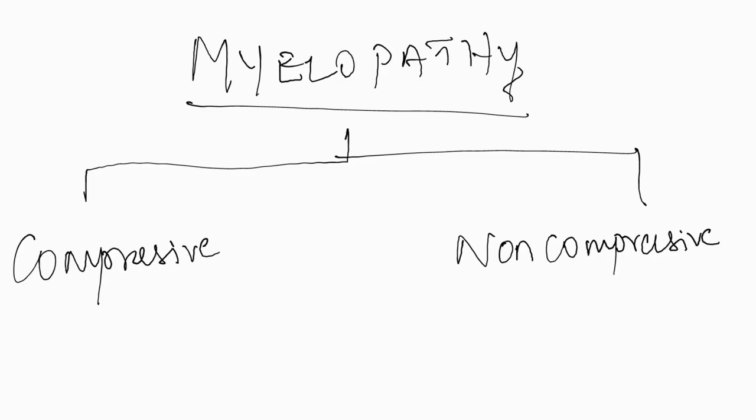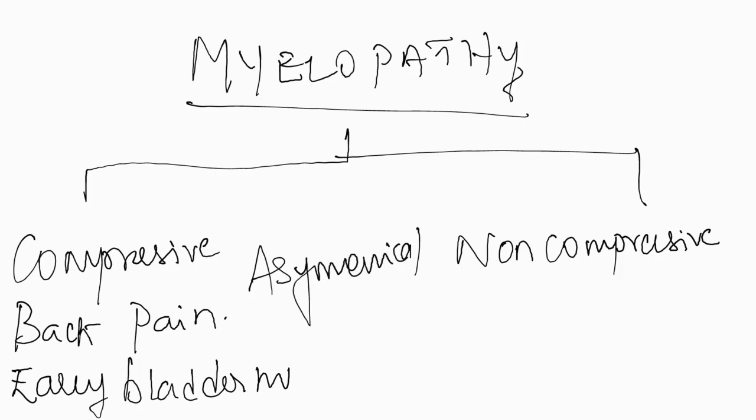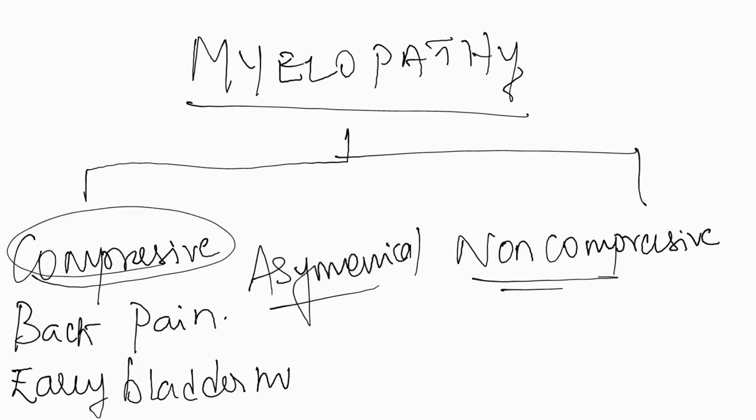Compressive myelopathy, what are the typical things you will find? You can find a back pain, there's a compression, and you can also find an early bladder involvement, and mostly it will be asymmetrical. Alright, in case of a non-compressive myelopathy, mostly it can be acute.